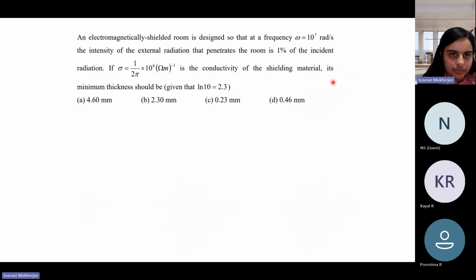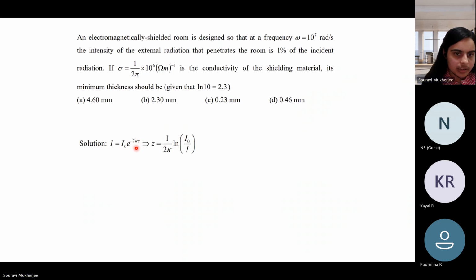So you need to make use of that concept here. Here it talks about intensity, right? So you need to use this relation. The k, that is the imaginary part of your wave vector, gives us the rate at which your amplitude decreases, right? It decreases as e to the power minus kz. So the intensity goes as e to the power minus 2kz.